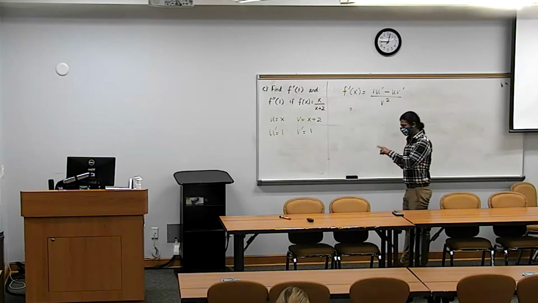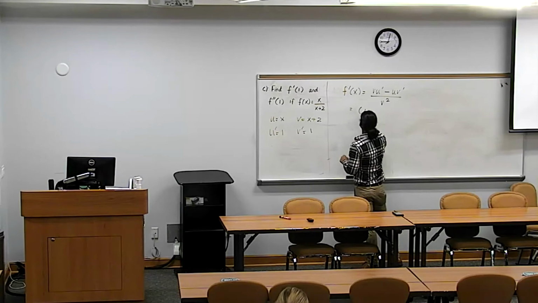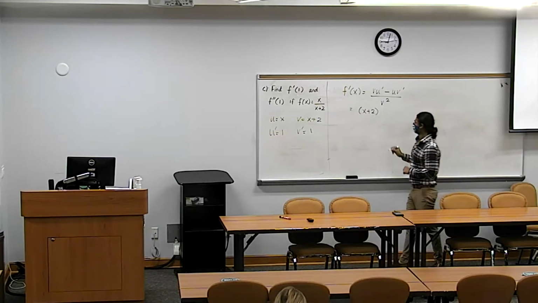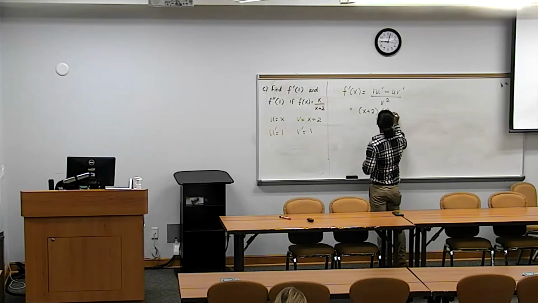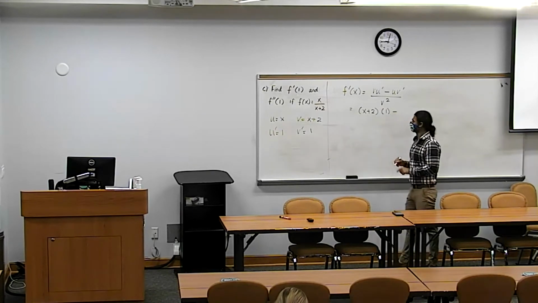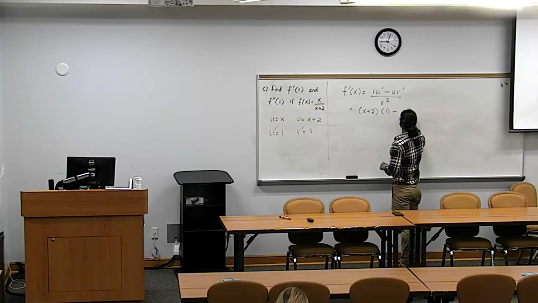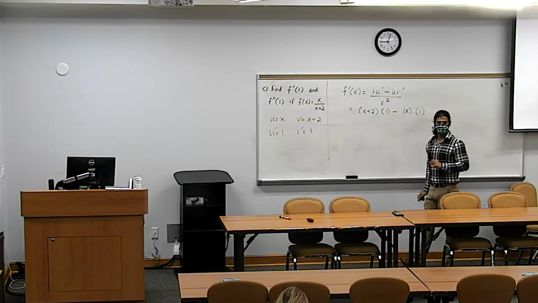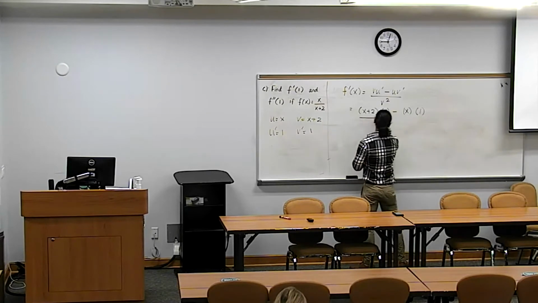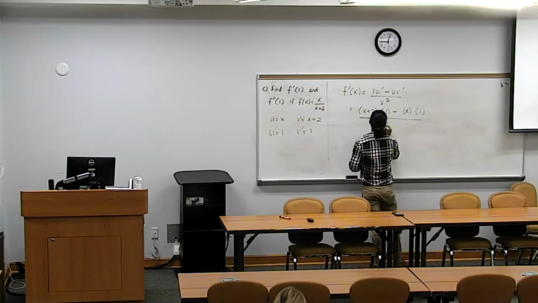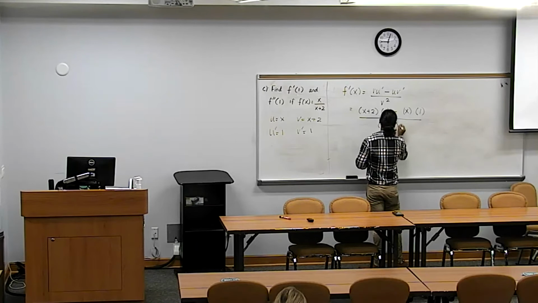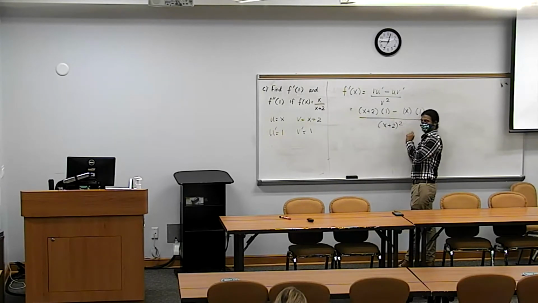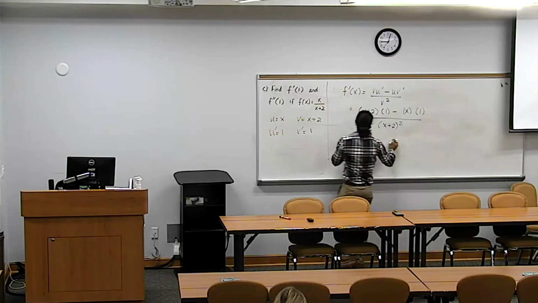What is v? X plus 2. U prime is 1, minus u is x, v prime is 1. Divide the entire thing by x plus 2 squared because we have to square v. Distribute and simplify.